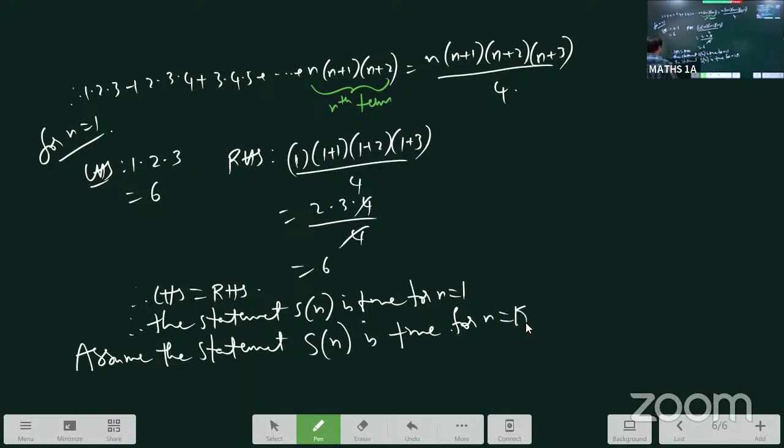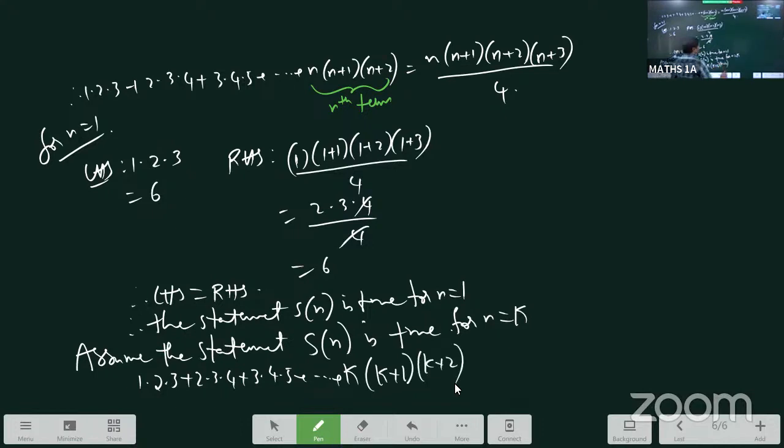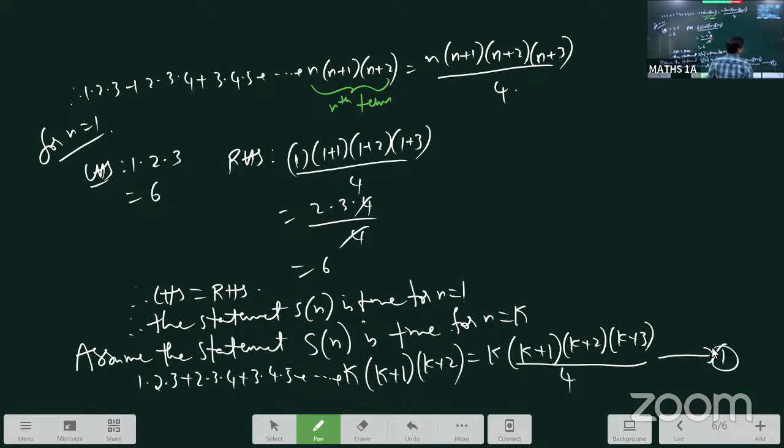That is 1 into 2 into 3, 2, 3, 4, 3, 4, 5, plus so on, plus k into k plus 1, k plus 2, equal to k into k plus 1, k plus 2, k plus 3 divided by 4. This I will call equation 1. The assumed statement for n equal to k is always the first equation, and for this equation you are going to add the k plus 1th term on both sides.